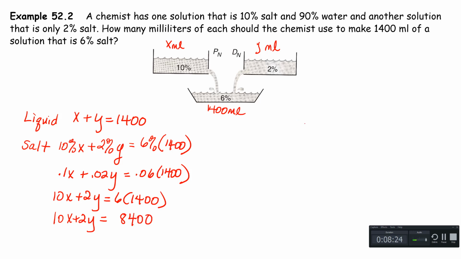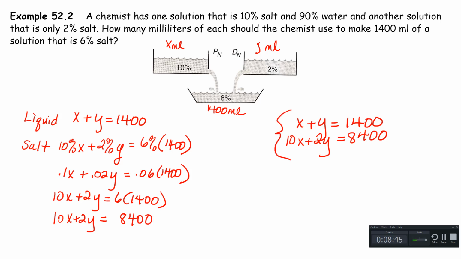So my two equations are x plus y is equal to 1,400 and 10x plus 2y is equal to 8,400. This is the system of equations I want to solve.